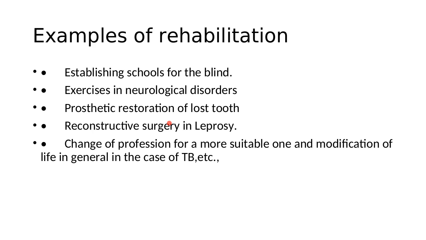Then exercises in neurological disorders: for example, if the person was amputated, you also have to help them through exercises in order for their nerves to function well and for their body parts to go back to normal functioning. Then prosthetic restoration of lost teeth, and prosthetic restoration of lost legs and arms.